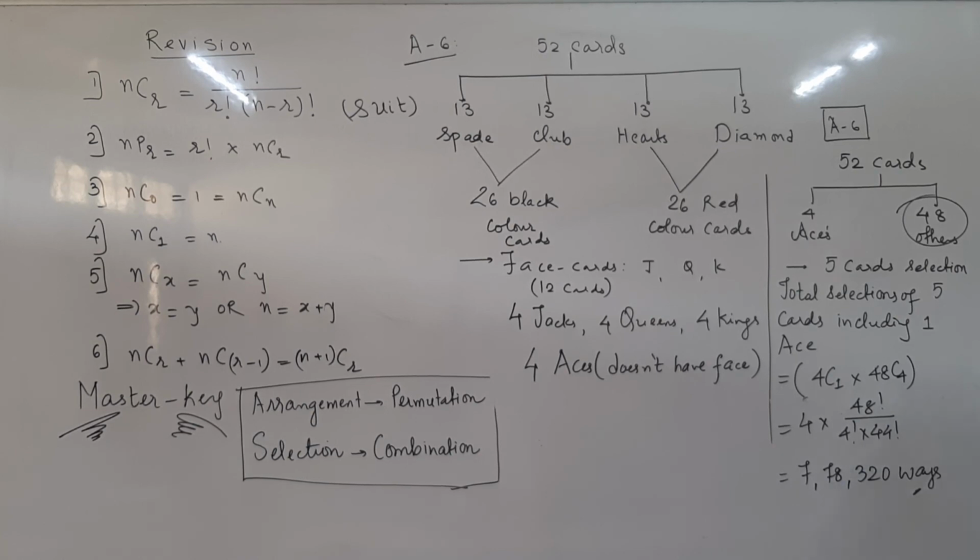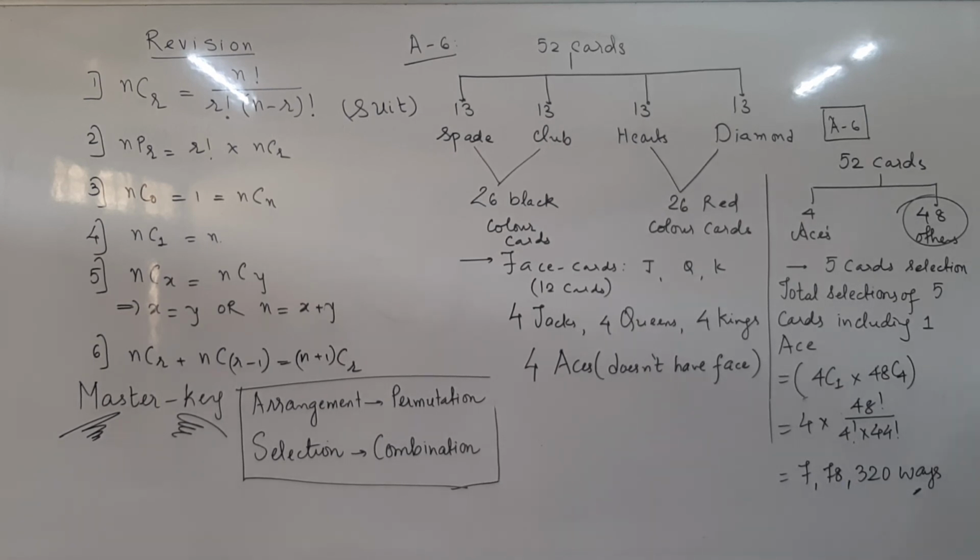But do remember today's 2 master key which we are revising again. You will not be told in examination that this is the sum of permutation or combination. You yourself have to identify that this is the sum of permutation or combination.